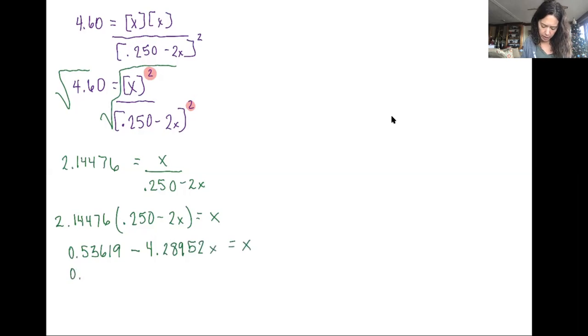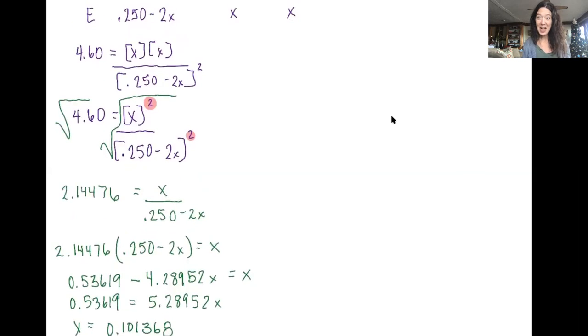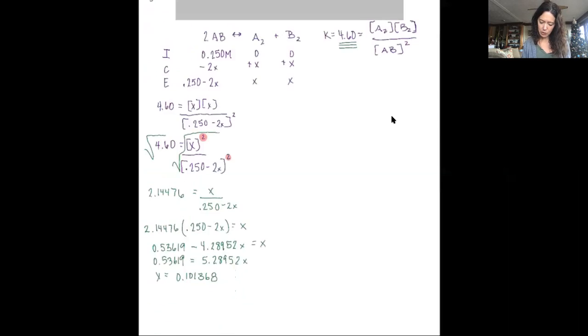All right, let's simplify it. 0.53619 equals 5.28952x. So x equals 0.53619 divided by 5.28952 equals, and what I have is x equals 0.101368.